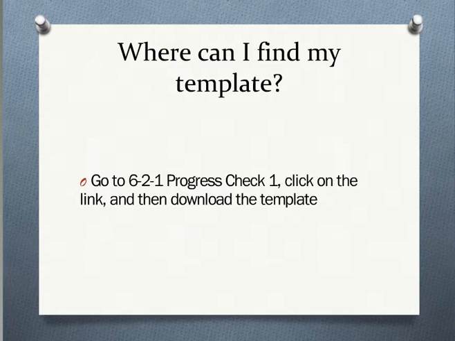Elizabeth, this is the template. So no, not the secondary source analysis worksheet. We just remind you to look that over when you're talking about what secondary sources you're going to write about or research questions. But we are going to use a different template that can be found under 621 Progress Check 1.